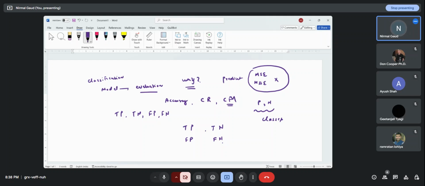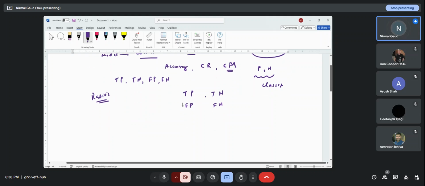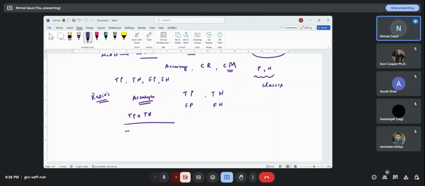using these terms I can have some ratios. Accuracy, I guess, we have seen. For accuracy you have written TP plus TN divided by TP plus TN plus FP plus FN.